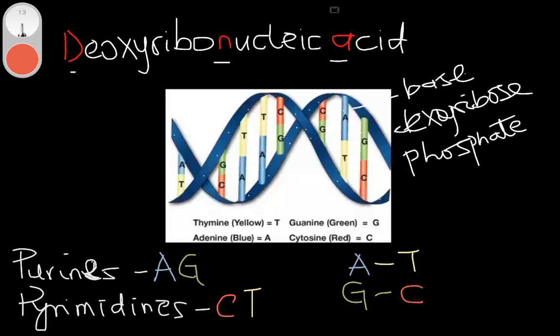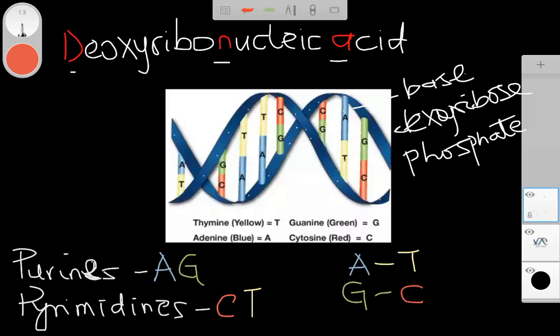This is basically the structure of DNA. You can easily tell which of them will bind to which by arranging the adenine, thymine, guanine, and cytosine bases.